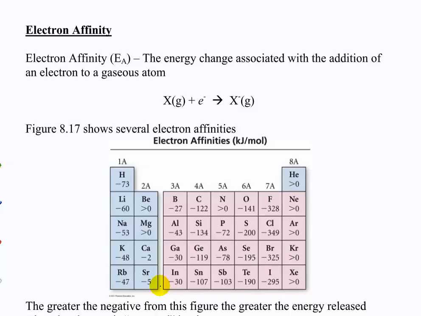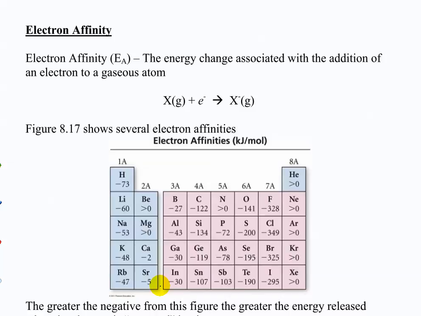It requires energy. So in these electron affinities, you'll notice they're kind of all over the place, right? You've got some negative ones and then these ones that say greater than 0. In those, the reason that numbers aren't actually given there is when the electron affinity is greater than 0, you basically say there is no electron affinity. If it costs energy to put an electron in, that thing is not getting an electron. With some exceptions, as everything has in chemistry.